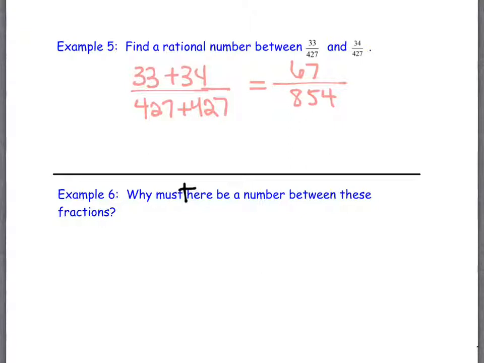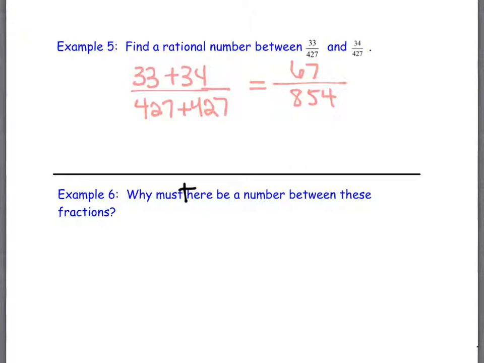Why must there be a number between 33 over 427 and 34 over 427? Yeah, there's always space, right? And because there's a space between two numbers, they aren't exactly in the same location, there is a number between those that represents that location in space. And that's what the denseness property says.